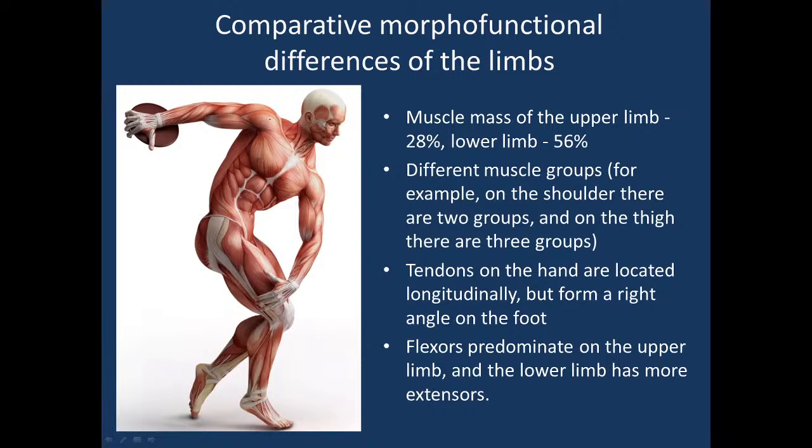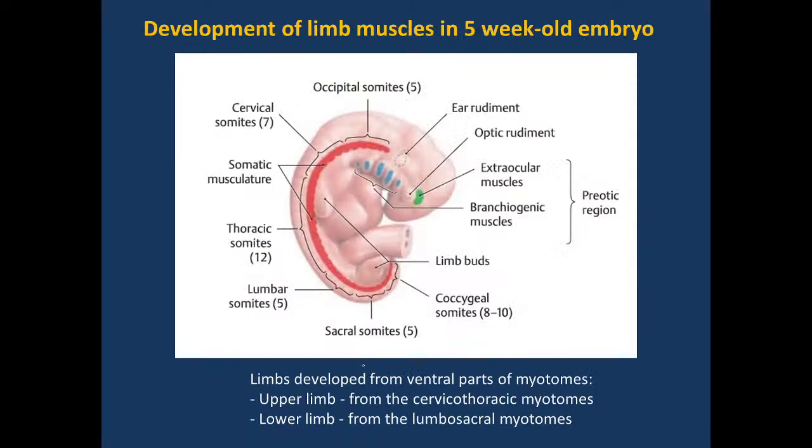It means that in the situation with some problems in the central nervous system, when the whole body becomes rigid, usually the upper limbs are in the flexed position, but the lower limbs usually are fixed in the extended position.